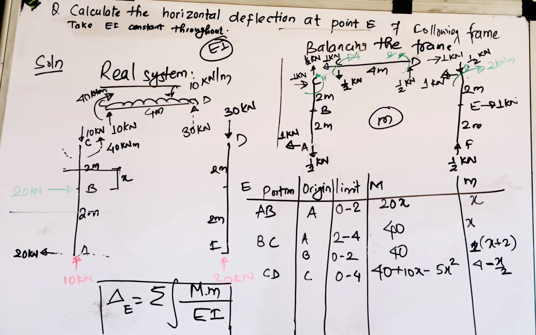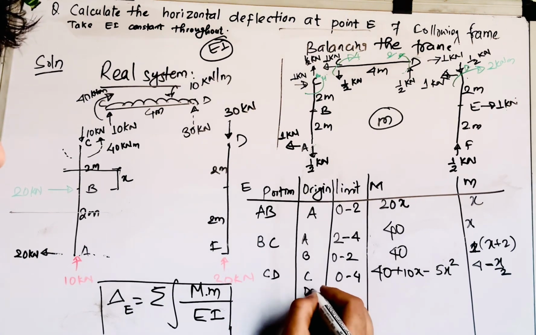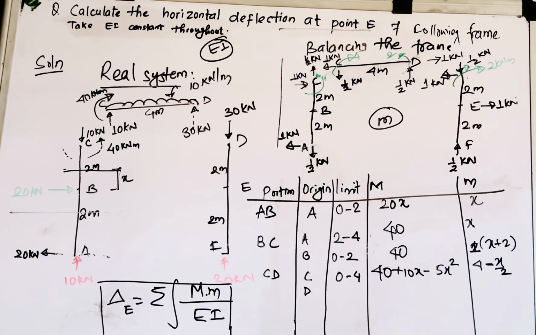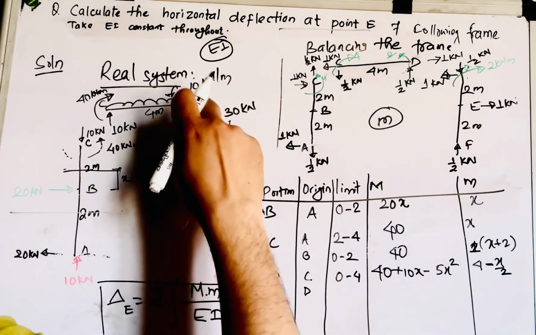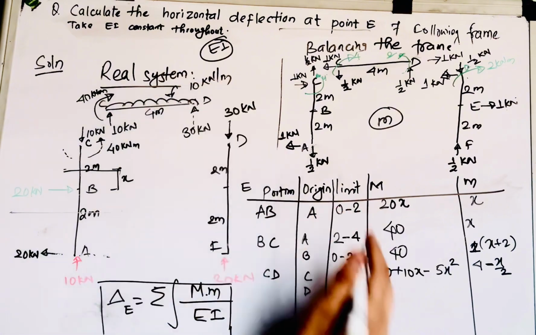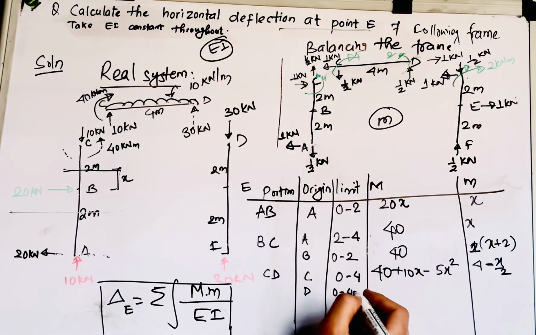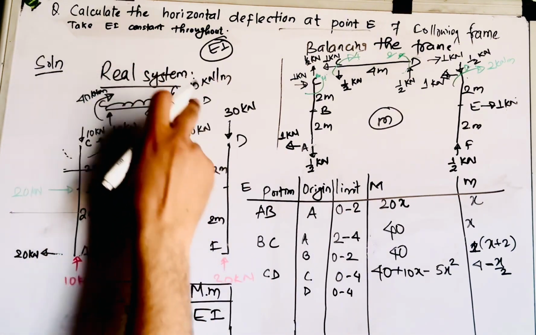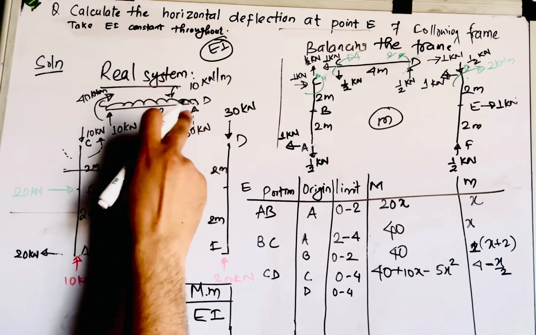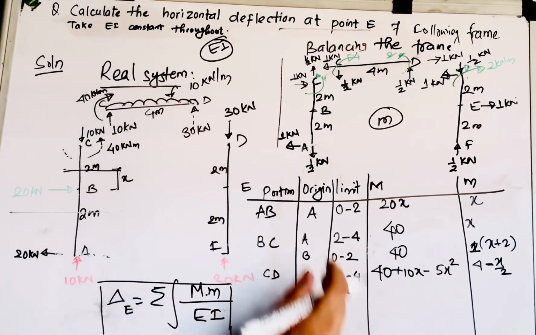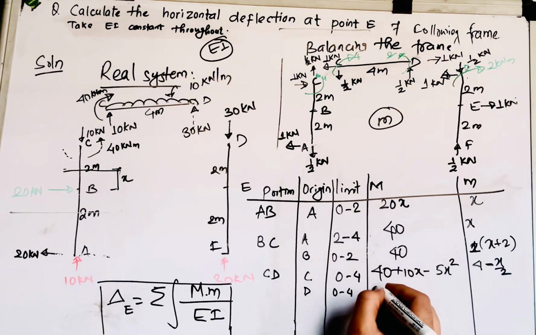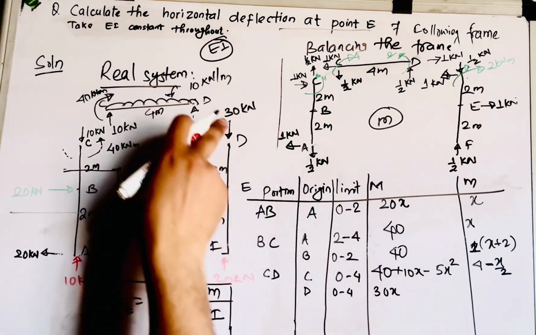While doing calculations, you can use either of them. So if I take the origin as D, let us see what will happen. The limit will be 0 to 4 itself. What will be the moment about this section x if you take from D? That will be nothing but 30 into x, giving anti-clockwise.